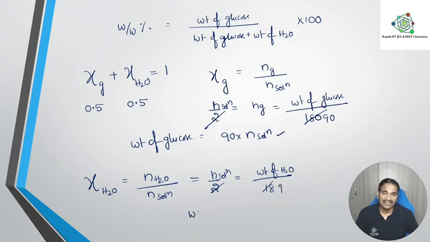So the weight of water is equal to 9 into the number of moles of solution. Here we got the weight of glucose and the weight of water.